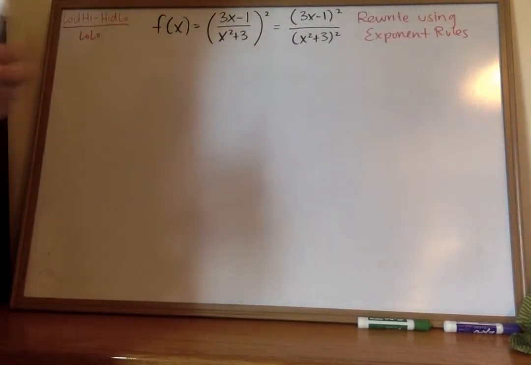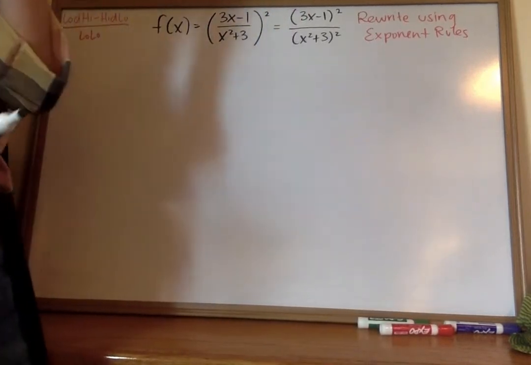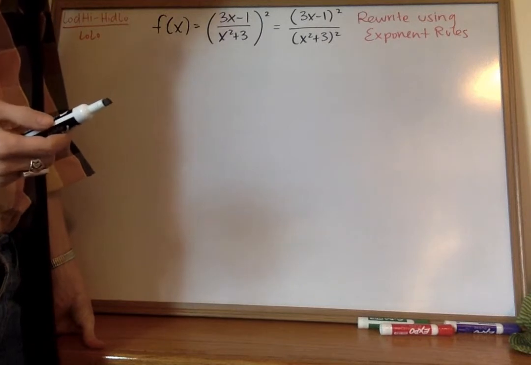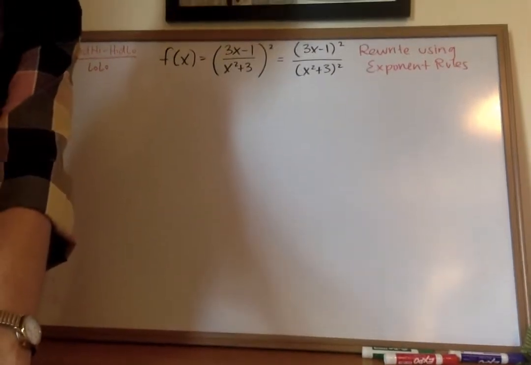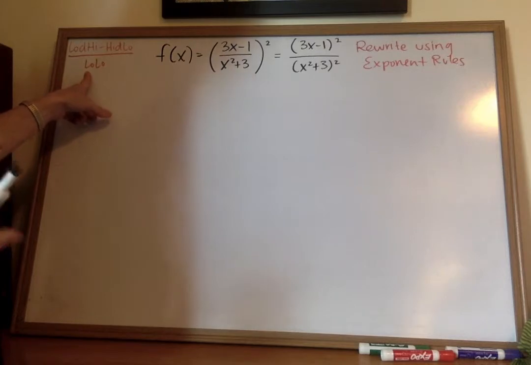Okay, that's the first step. And now again, this is going to work a lot like the function that we just did, in that we're going to use quotient rule and chain rule in order to find the derivative of this.